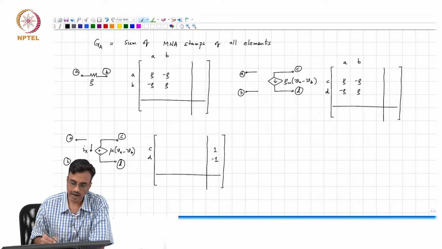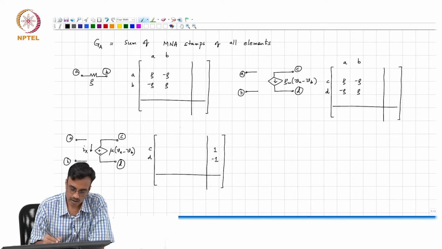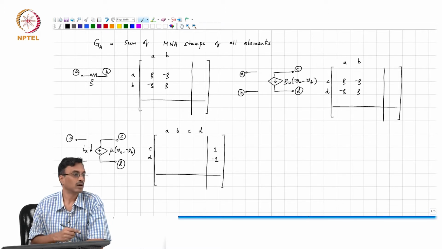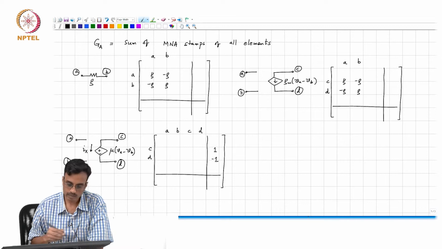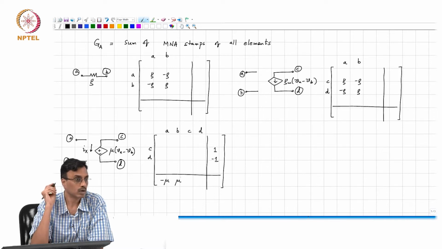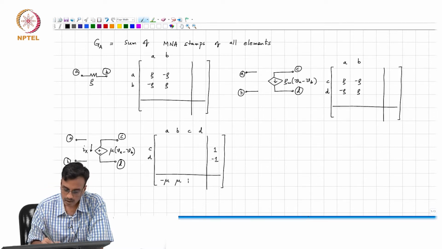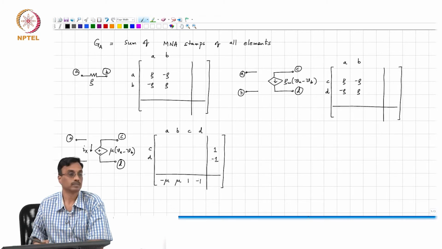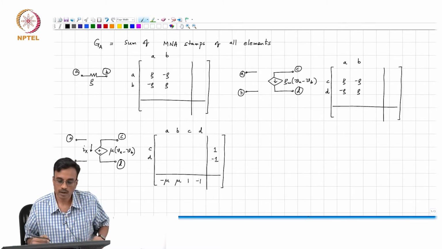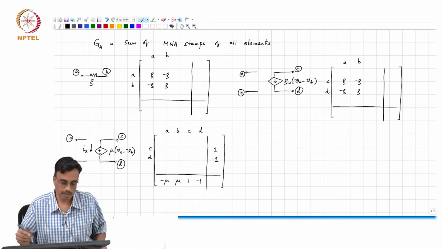And in the last row, in the columns A, B, C and D, you will get minus mu, 1 and minus 1. All right, so this is where we stopped yesterday, I believe.